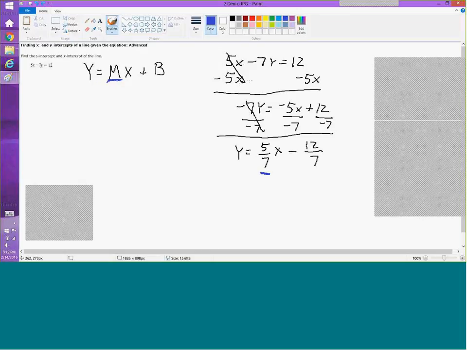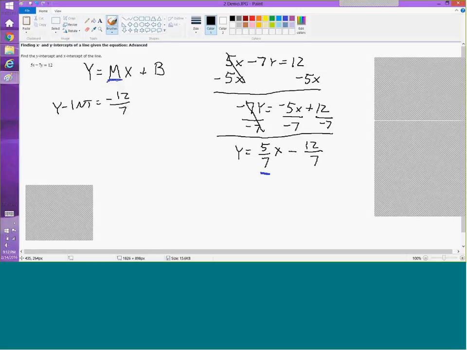The 5 sevenths is our slope and the negative 12 sevenths is our b, so the y-intercept is already found: y equals negative 12 over 7.